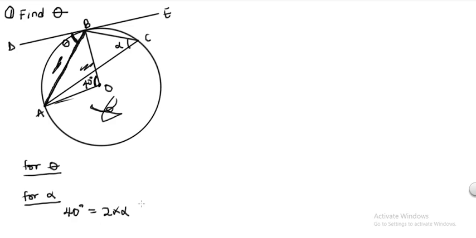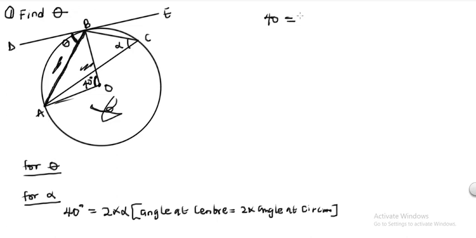The reason for this is simply that the angle at the center subtended by the chord is equal to 2 times the angle at the circumference. So that means that 40 degrees here is equal to 2 alpha. If I divide both sides by 2, 40 divided by 2 is 20 degrees. So alpha is 20 degrees.